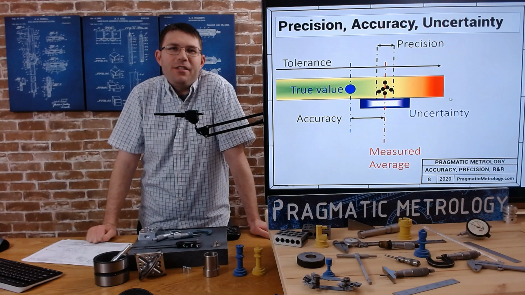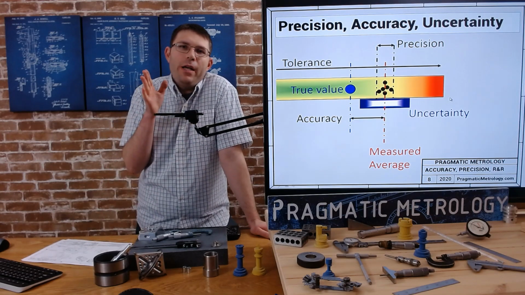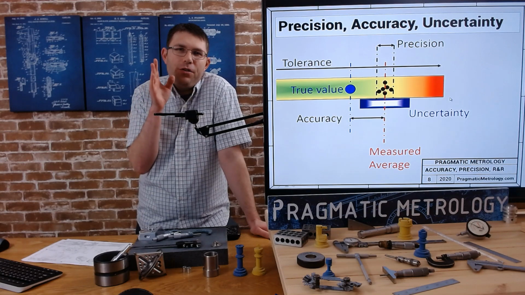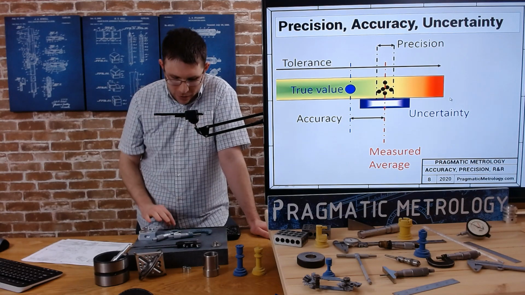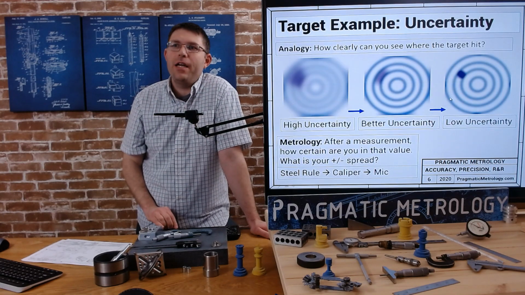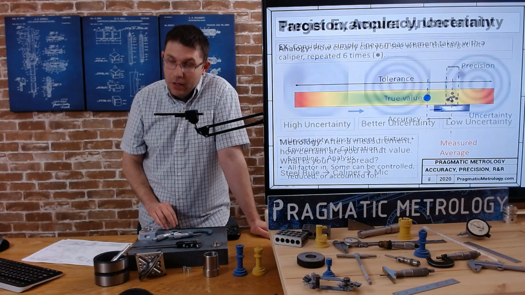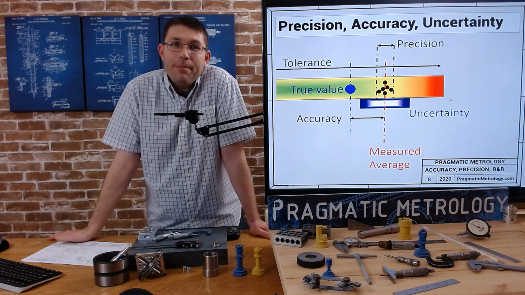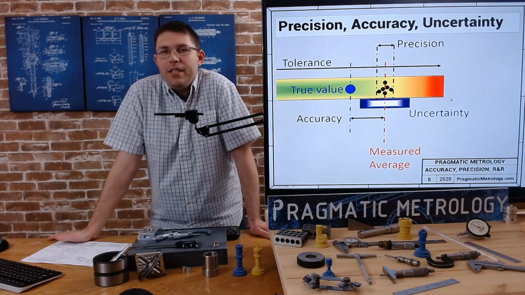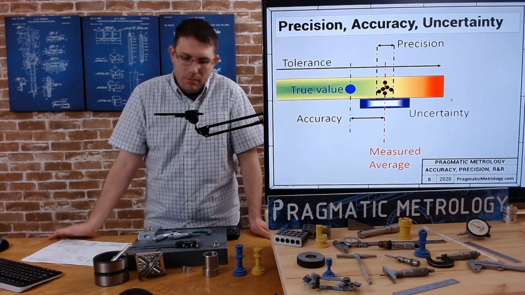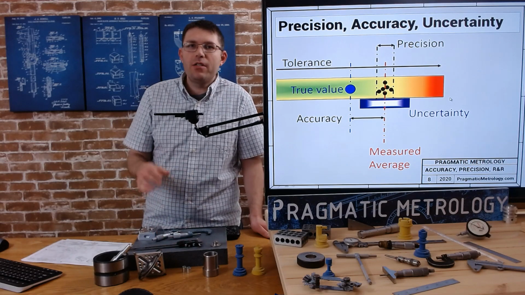Not the manufacturer, but whenever you measure something, if it tells you it's at one location, well, you've got a spread, right? It goes back to that blurriness factor. How blurry that is depends on how good the gauge is, and it really is independent of precision and accuracy. With a caliper, you're going to get a bigger uncertainty, and with a micrometer, you'll get a smaller uncertainty.